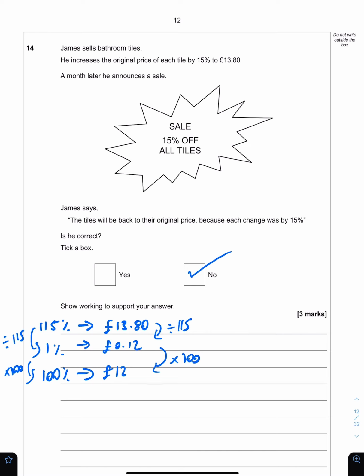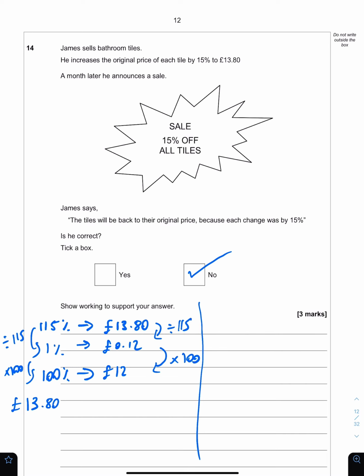Now let's compare that to actually just taking £13.80 and reducing that by 15%. Now, if you reduce something by 15%, you go from 100% take away 15%, which takes you to 85%.